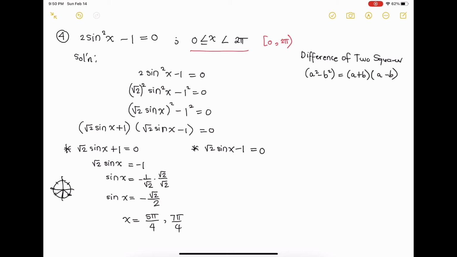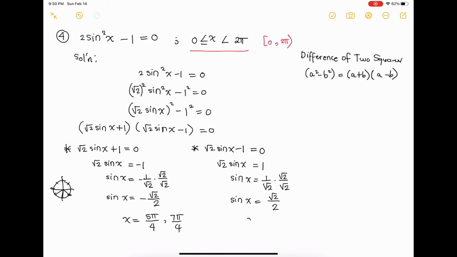The second one, square root of 2 sine x equals positive 1. We use the addition property and then divide both sides by square root of 2. Right after, we rationalize by multiplying by an equivalent of 1, which is square root of 2 over square root of 2. Simplify, we have sine x equals square root of 2 all over 2.